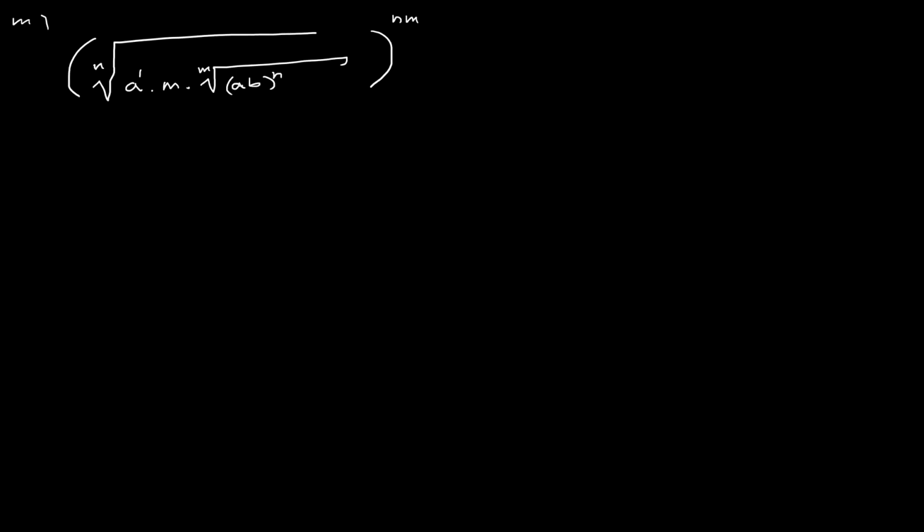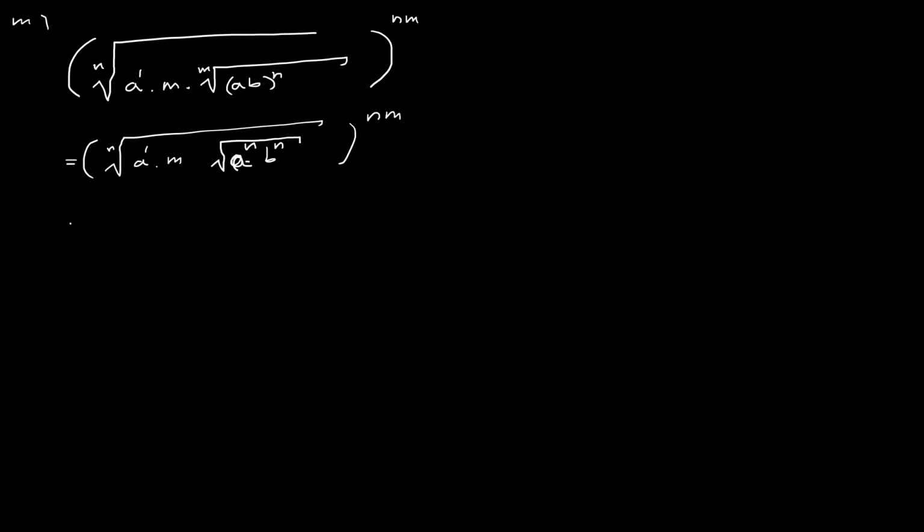So okay, we start really at the smallest brackets and we find it's ab to the power of n. So we can simplify that and we can just say that's a to the power of n, b to the power of n, all of that under a square root. And everything else remains the same. We don't touch it. To the power of n m.